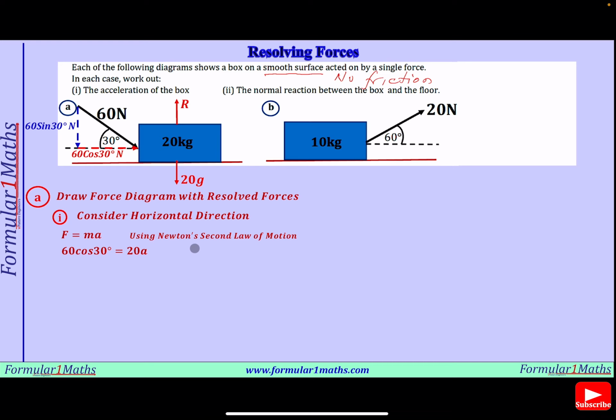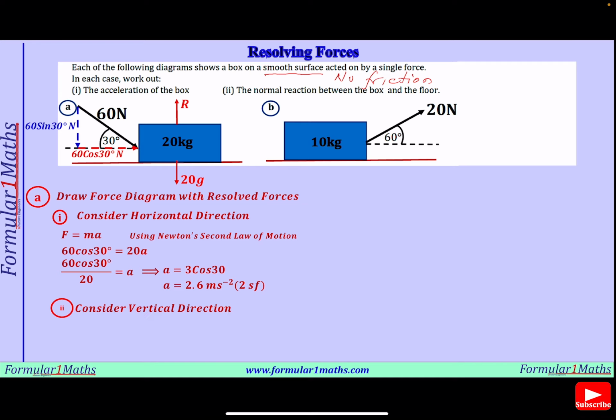So we rearrange to get this, simplify to get 3 cos 30, and finally evaluate to get 2.6 meters per second squared.